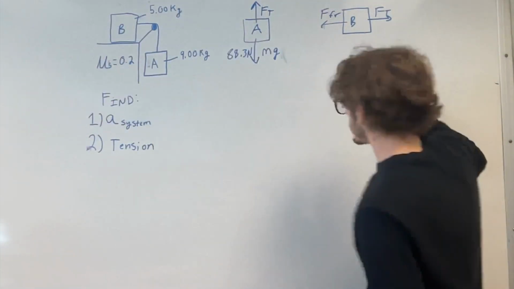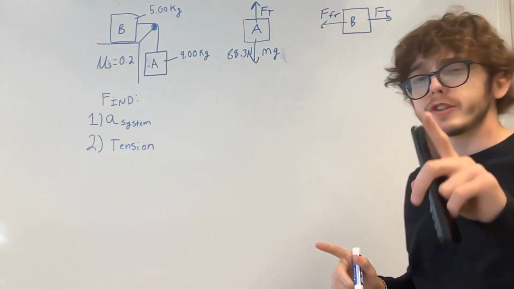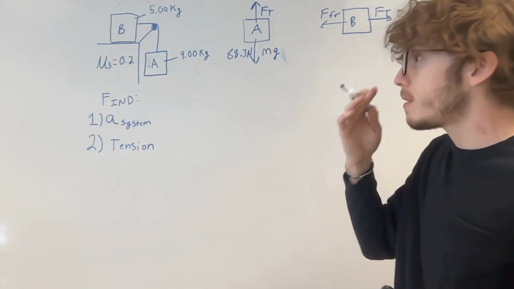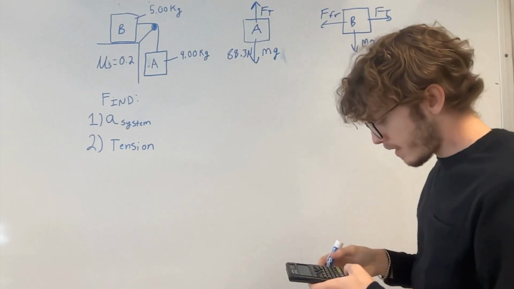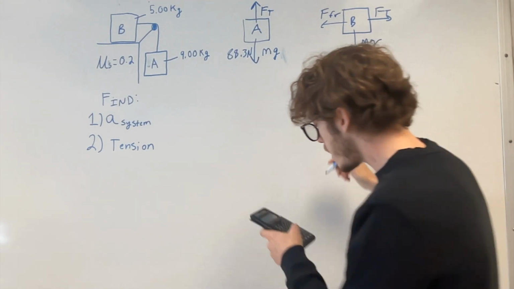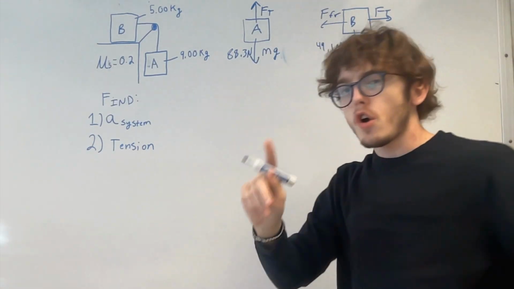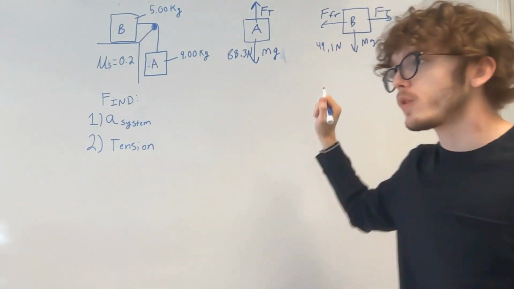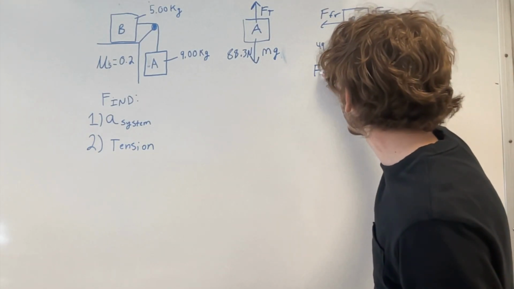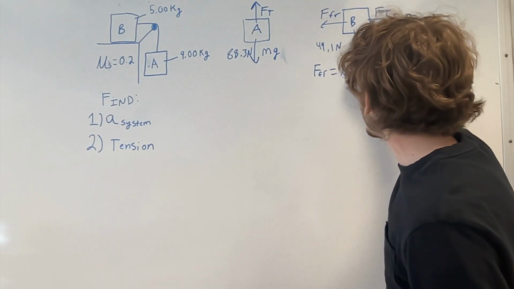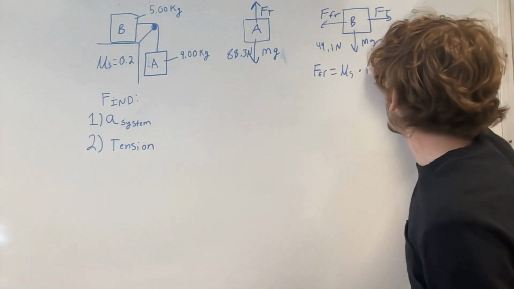Okay. There are 2 other forces, and this is going to be crucial to help us solve for the force of friction. Do you remember? That's going to be the weight, mass times gravity. And in this case, 5 times 9.81, that's going to be 49.1 newtons. But that's not what's part of the force of friction equation. Remember, we say that the force of friction is equal to the friction constant, and in this case, static, times the normal force.